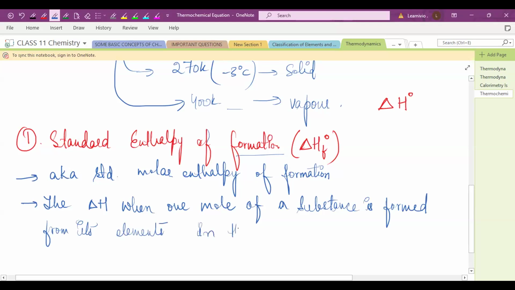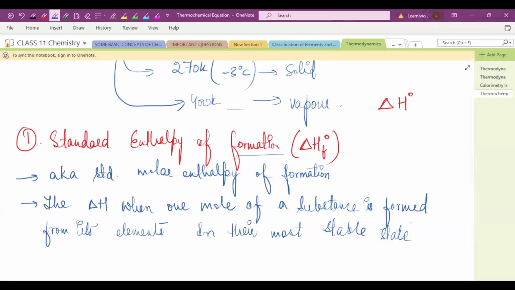Elements in their most stable state means standard state की बात हो रही है. So that's the standard enthalpy of formation or molar enthalpy of formation. Okay, so write down what is molar enthalpy of formation or standard enthalpy of formation.